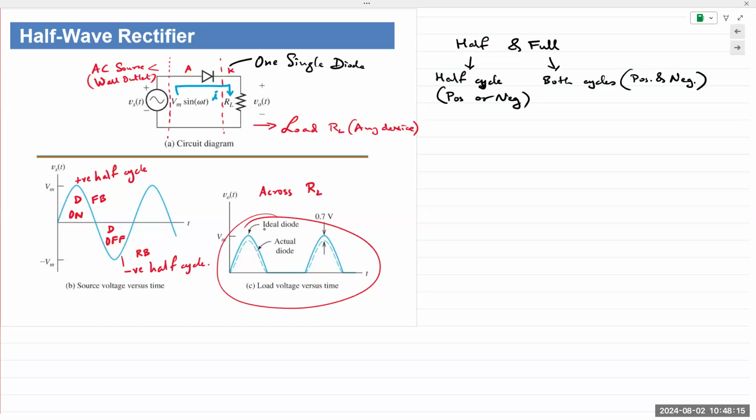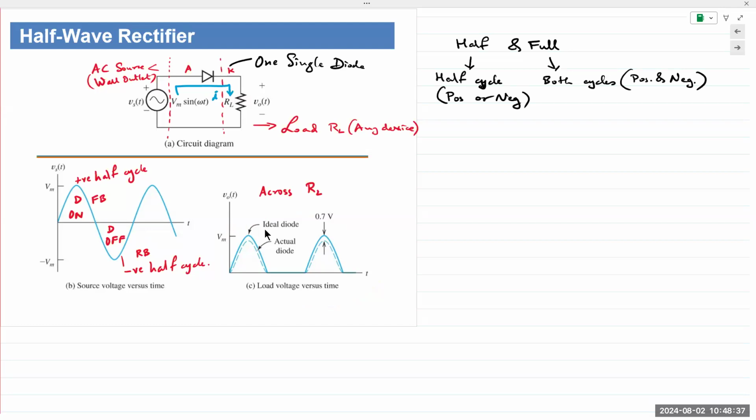Anytime a value of a waveform changes with respect to time continuously, we say it's an AC waveform. So how can we call this DC? It's kind of ambiguous. You can call it AC, and you can also call it DC. Then there are other components that we add to it to make the shape as flat as possible.